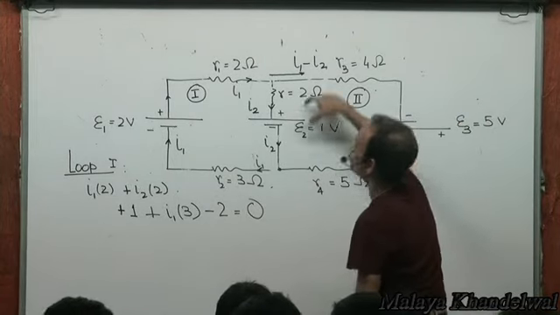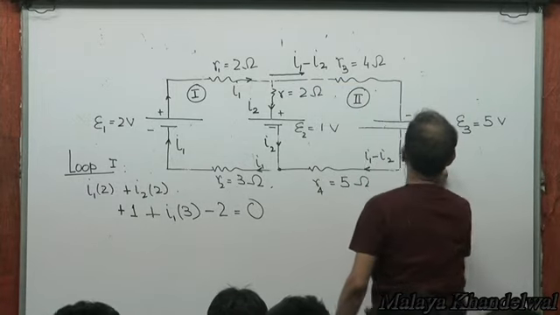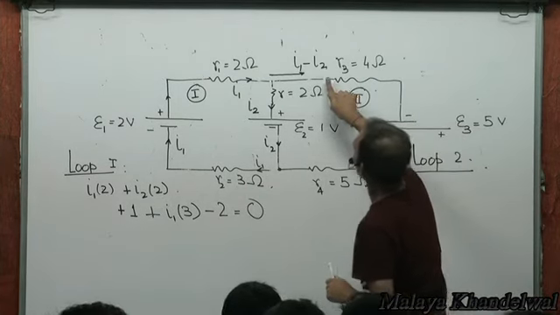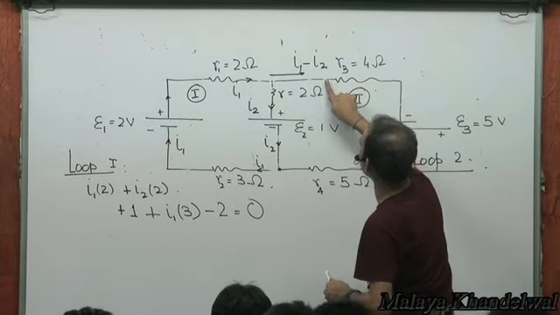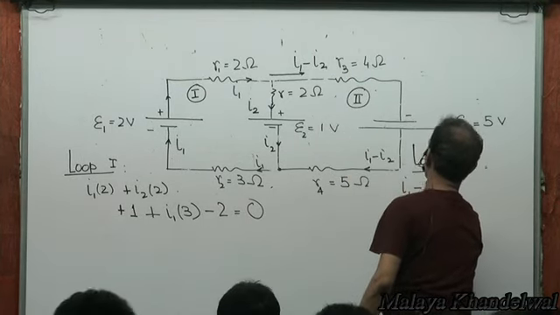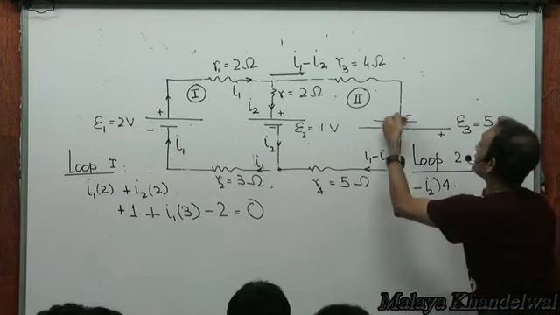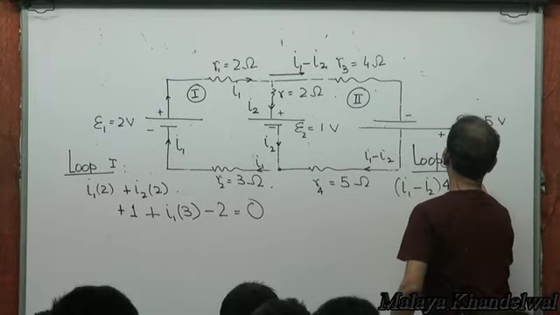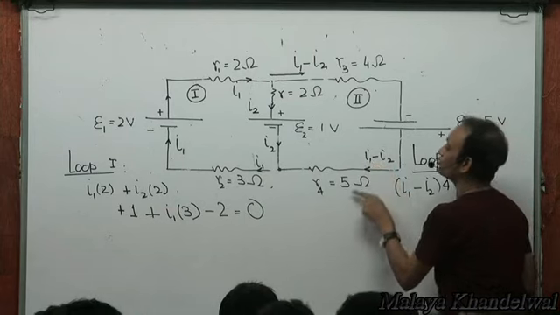Let me apply KVL to loop 2. I1 minus I2 is the current flowing in this branch. So the drop across this resistance is I1 minus I2 into R3, which is 4 ohms, right? From here to here there is an increase, so minus 5. And then the drop across this is I1 minus I2 into 5.